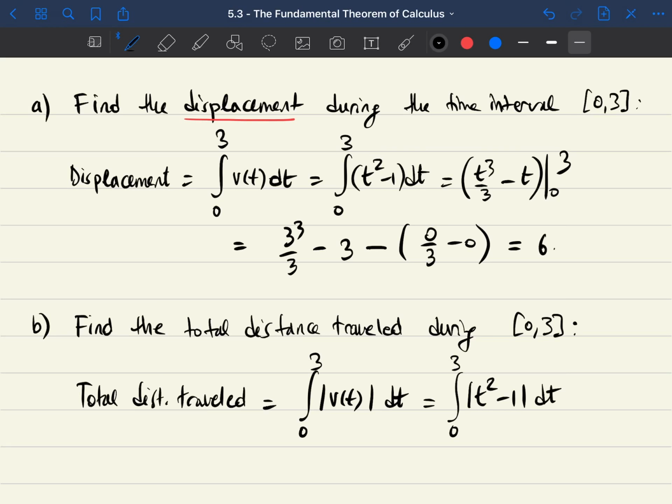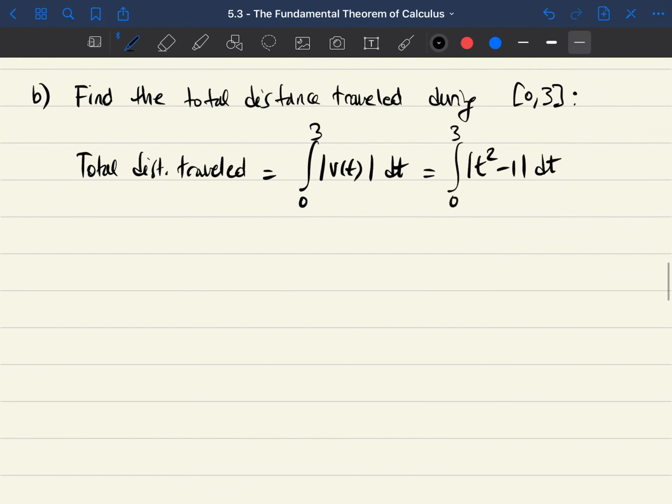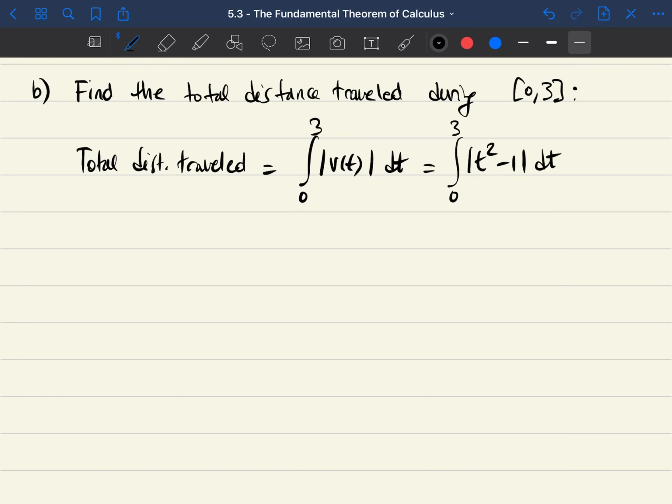Now of course this means that we have to find where the velocity function is positive and where it's negative. Whenever it's negative, you have to multiply it by negative 1 to make it positive. So for example, in this case, if you draw the graph of y equals t squared minus 1, then you have this graph, right?